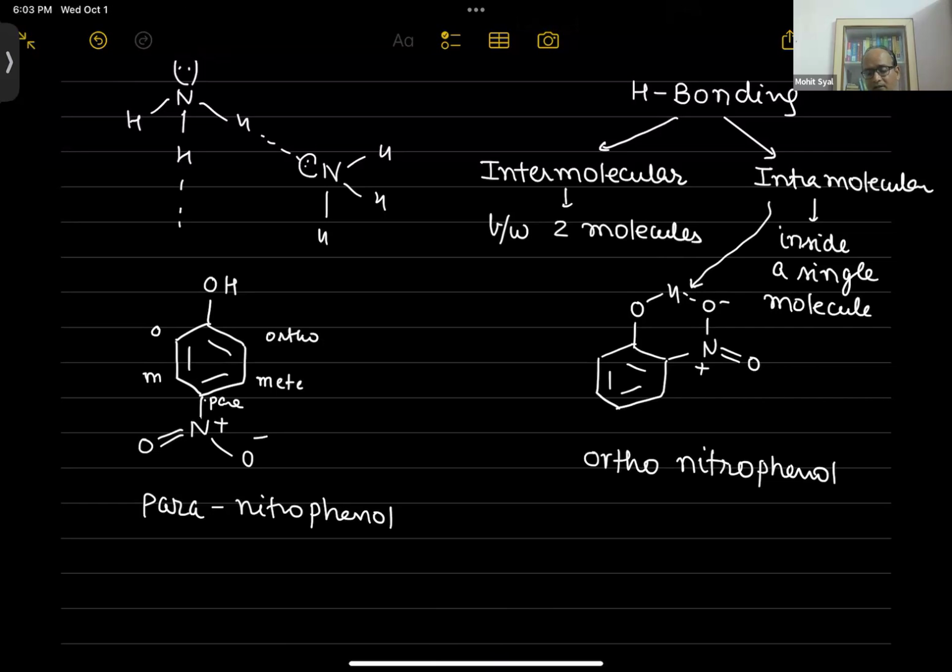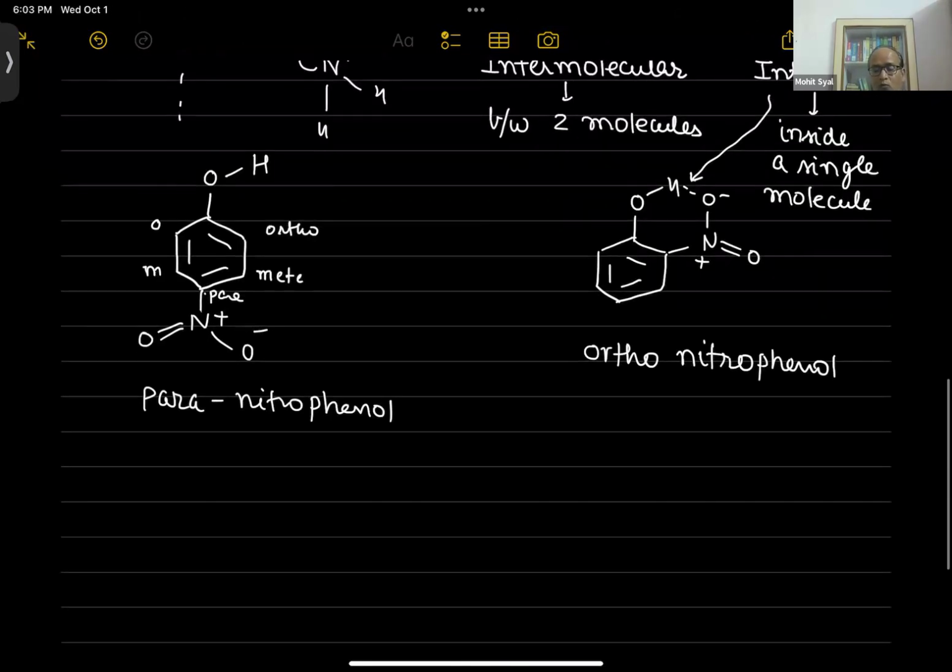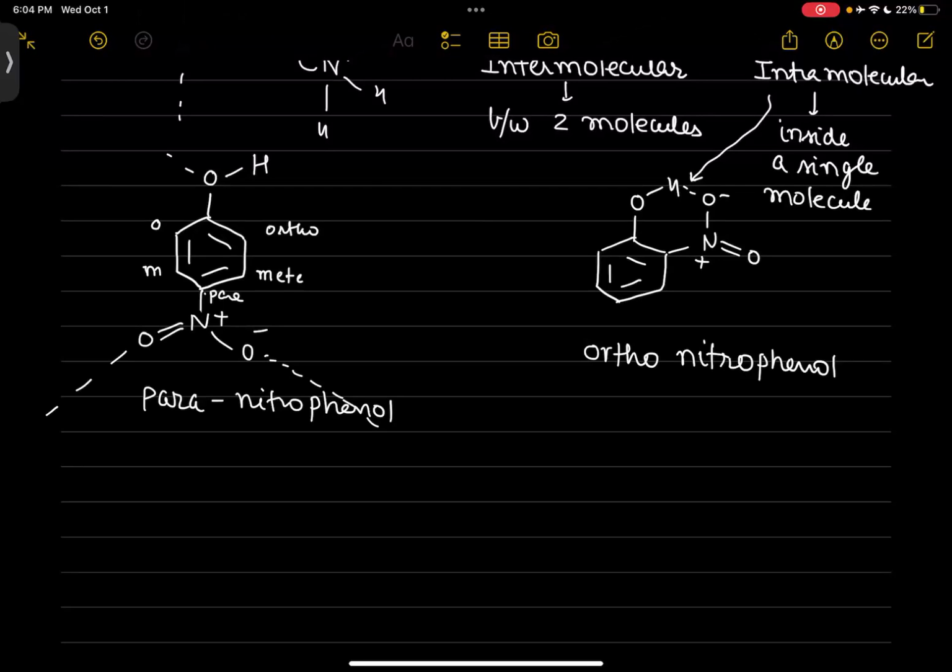But in this case, the OH and the nitro group are far apart. They are too far. So this OH cannot come near to the nitro group because they are just opposite, on the other side. So what happens? This OH group gets attracted by the nitro group, but not of its own molecule, but of a different molecule.